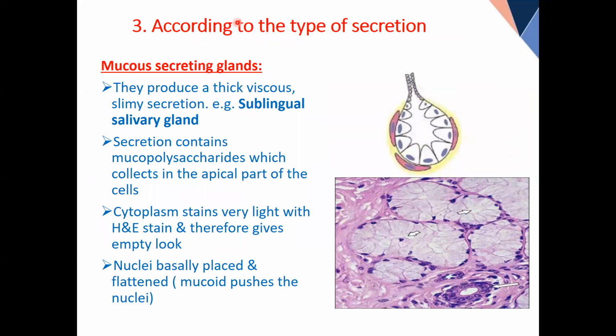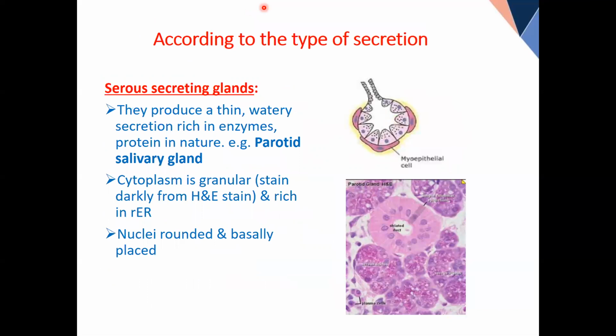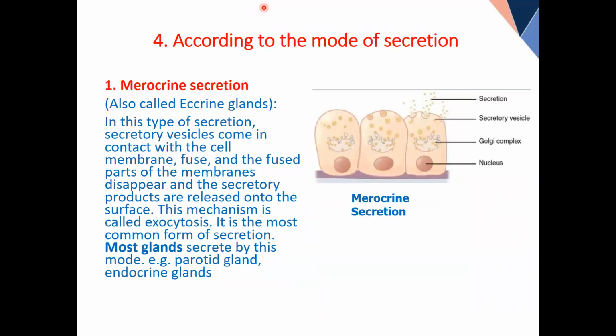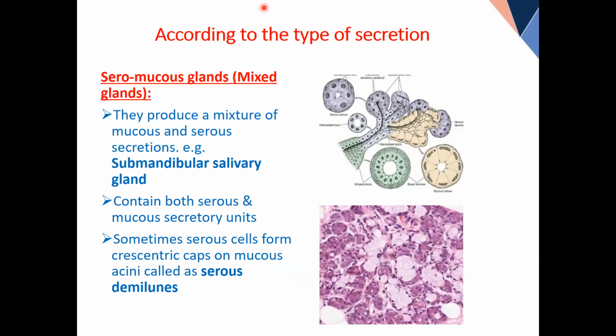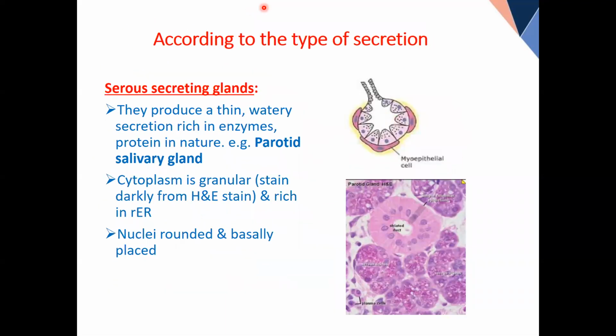All other glands in the body are multicellular. Now, their secretion is of chemical nature. It can be mucus, it can be serous. I'll explain only one point about this, no more details. Look at this serous cell.